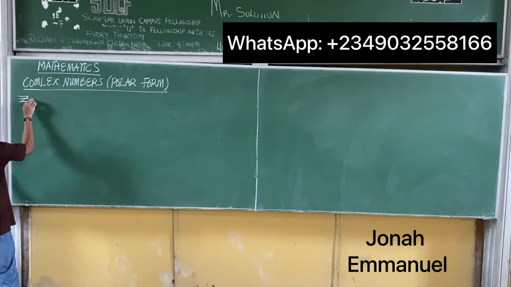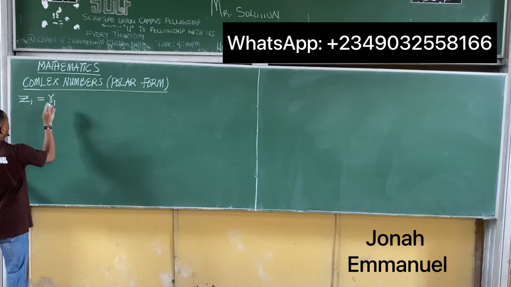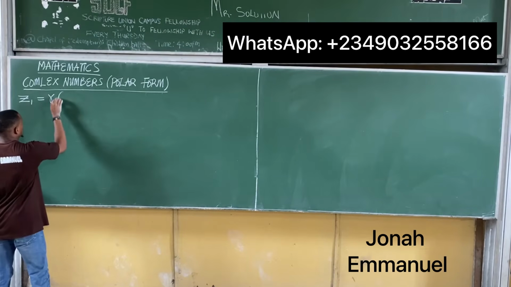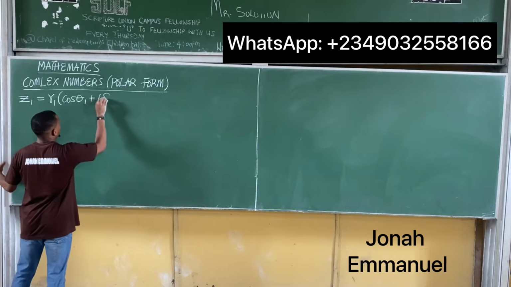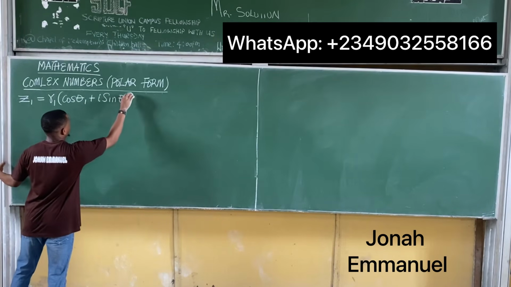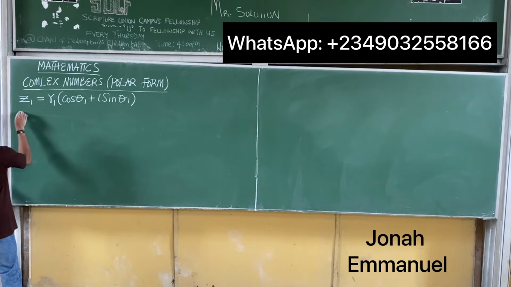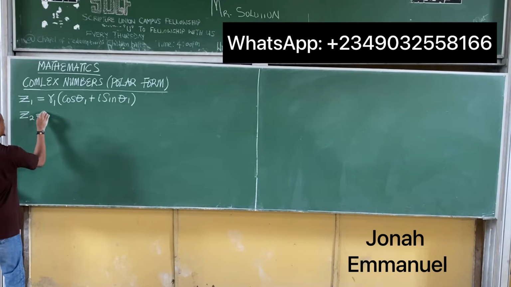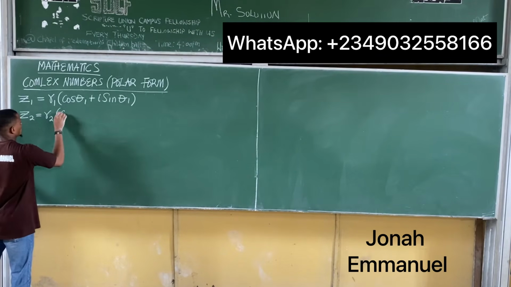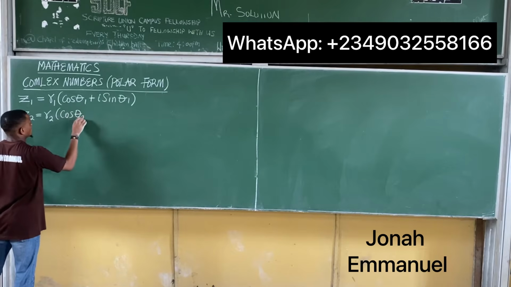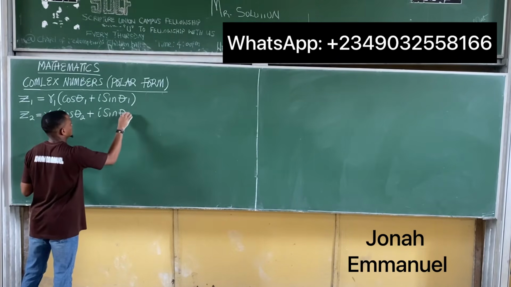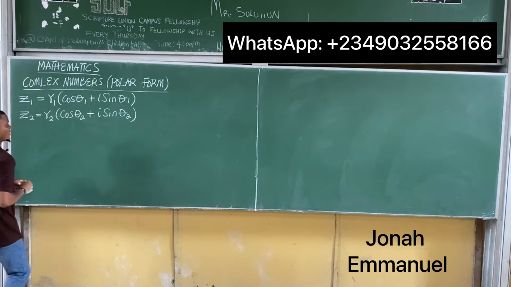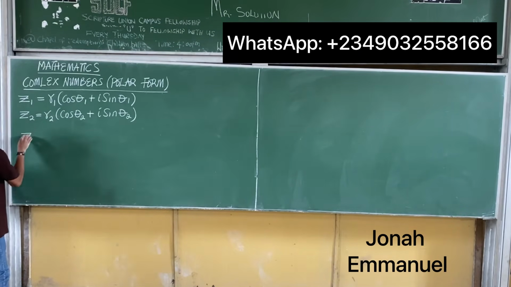Let's say we're given our first complex number in polar form as z1 equals r1 (cos theta 1 plus i sine theta 1), and z2 equal to r2 (cos theta 2 plus i sine theta 2). We are asked to evaluate the quotient z1 over z2.